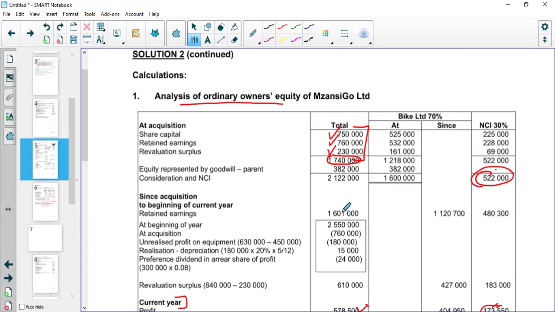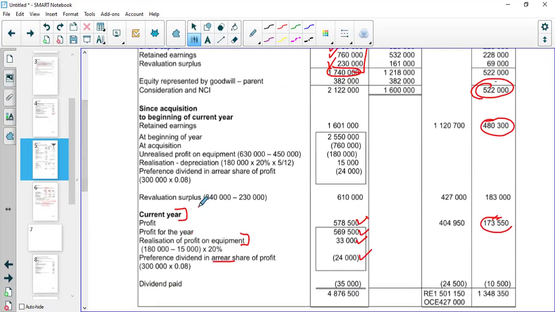And then it will have a share of the retained earnings, just 30% of that, right? Then it will also have a share of the revaluation surplus. So we'll have 522 plus the share of retained earnings at the beginning of current year, because the starting point is to get a balance brought down.